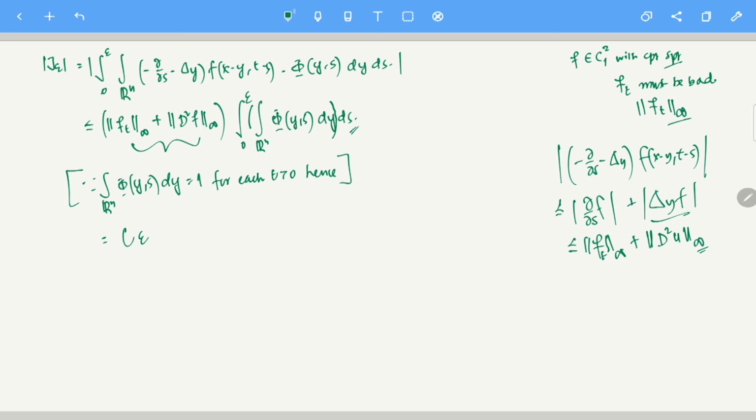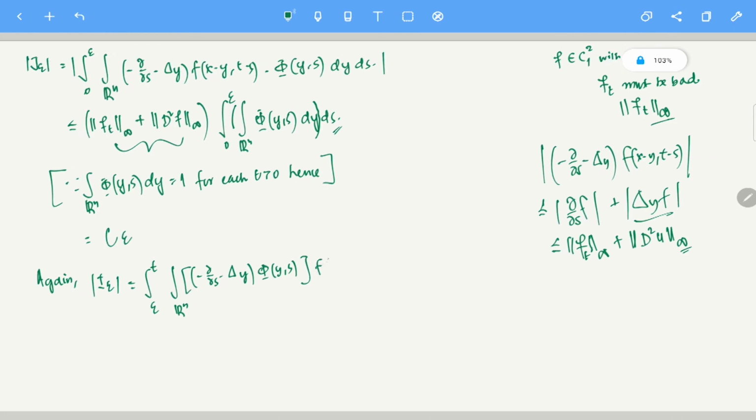Okay, so now again I have to evaluate what I epsilon is, the mod of I epsilon. What is I epsilon? Mod I epsilon is the integral from epsilon to t, and then you have the integral over Rn of minus del s minus delta y of phi of y, s, and you have f of x minus y, t minus s, dy ds.